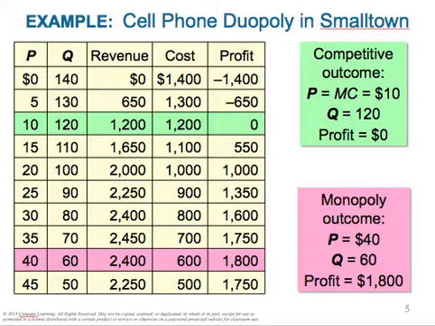It is true, in fact, that marginal revenue equals marginal cost at Q equals 60. Even though the table does not provide sufficient detail to see this, if this were a monopoly, the output would be where marginal revenue equals marginal cost, which is Q equals 60.